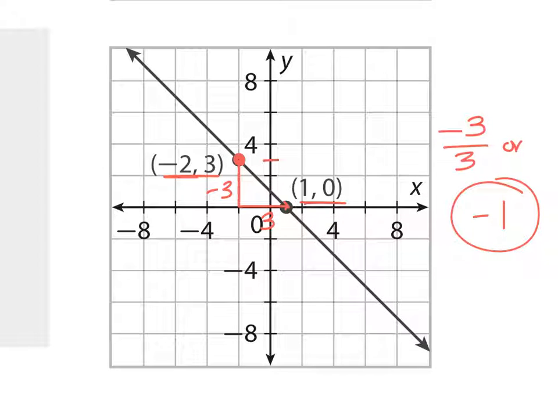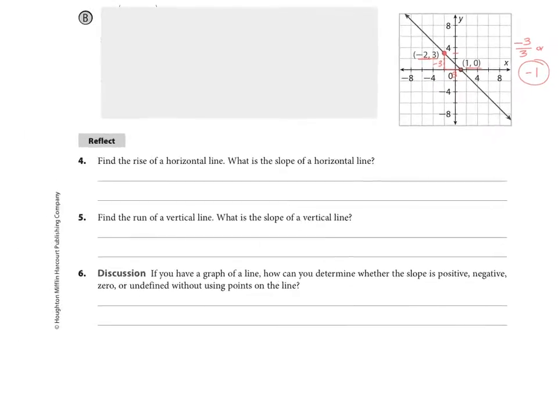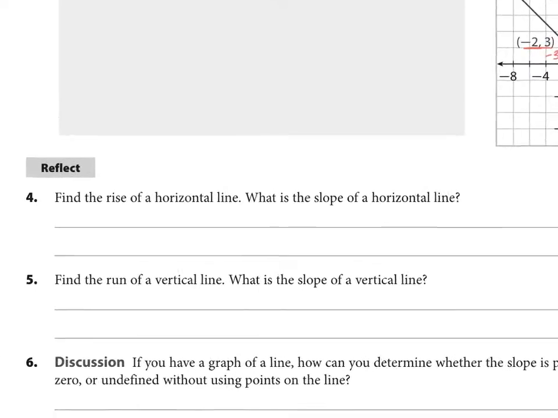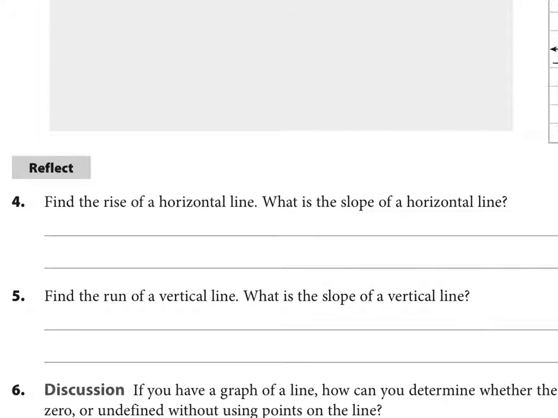Now, 2 more questions that we want to talk about. If we find the rise of a horizontal line, or the slope of a horizontal line. So we've already talked about this. The slope of a horizontal line runs side to side. That's horizontal, and that has a 0 slope, and you can remember that because of the z in horizontal, or because z itself makes a line that looks like that.